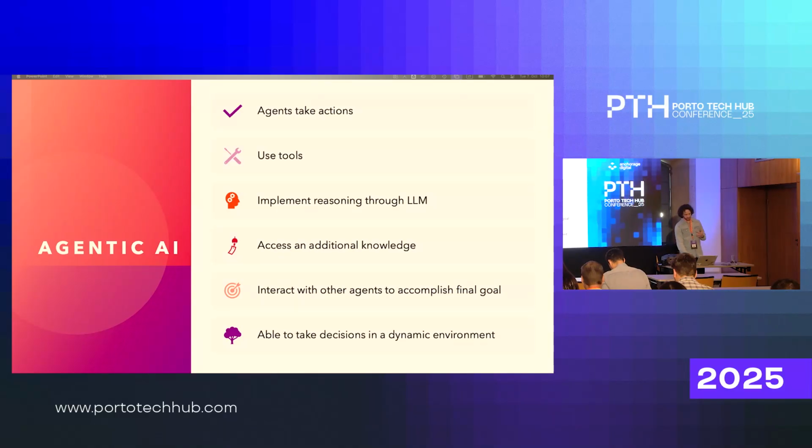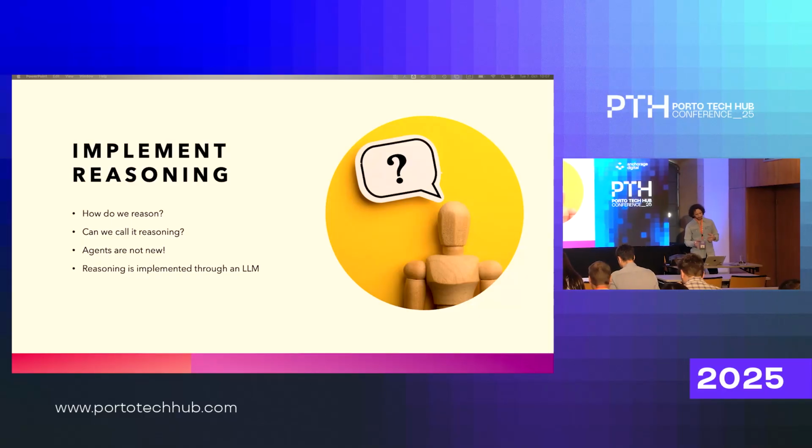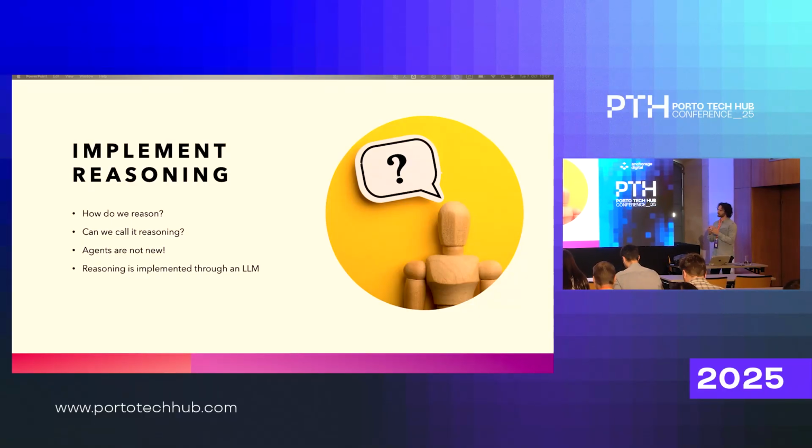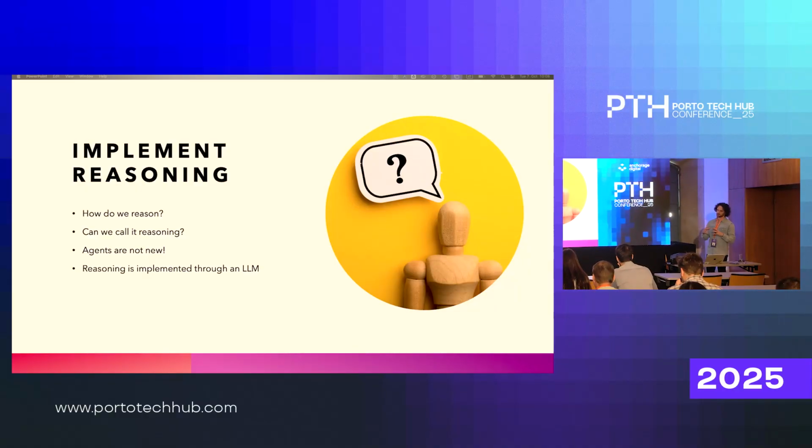Every time I talk about agents, what I would love you to understand is that agents are not something new. We had agents also in the past. I was studying agents during my PhD, during my university, and it is not a new concept. Agents have been around for a while.